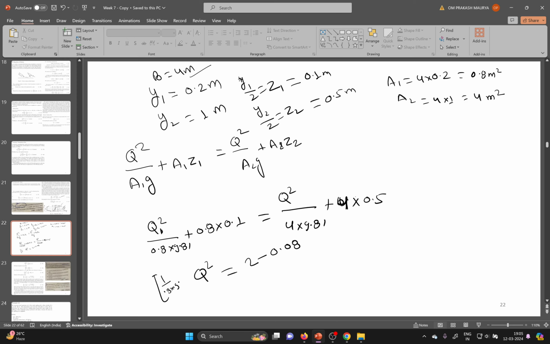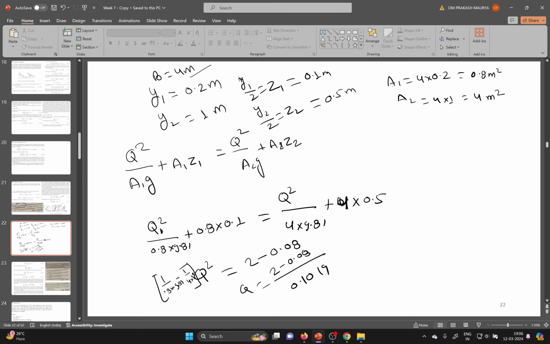Let me first calculate this fraction part: 1 by 0.8 into 9.81 minus 1 by 4 into 9.81, it is equal to 0.1019.